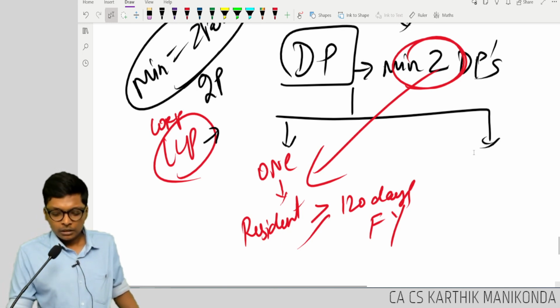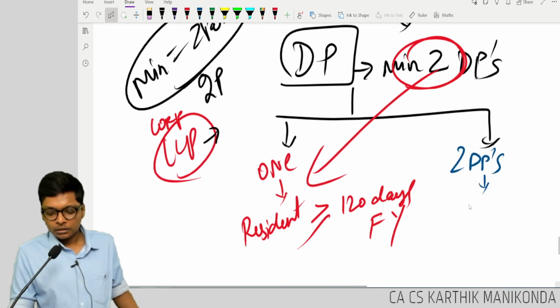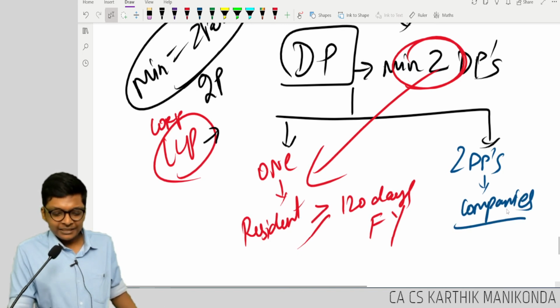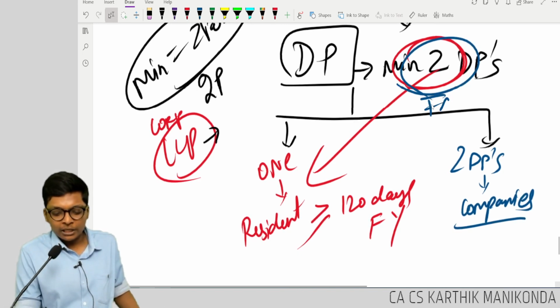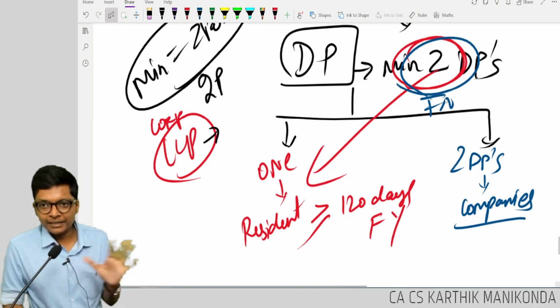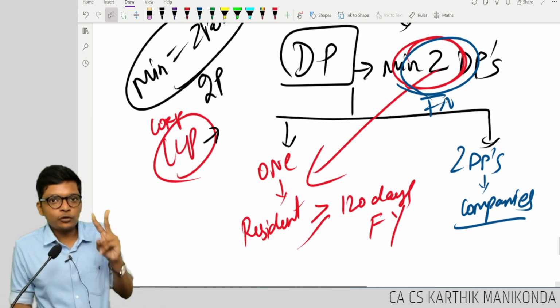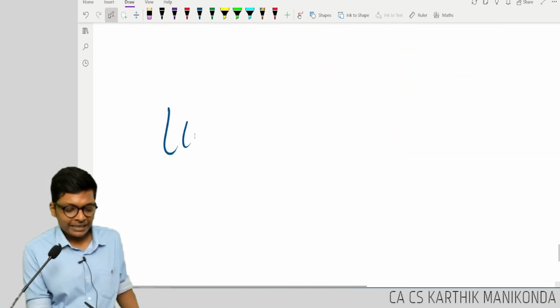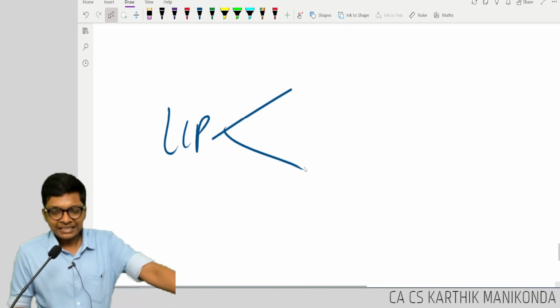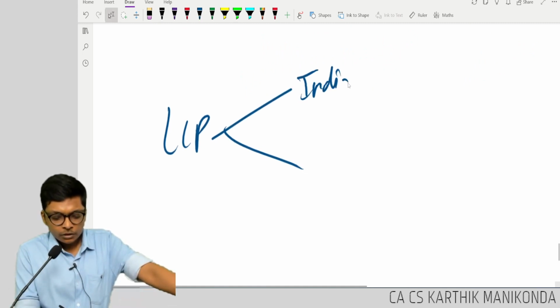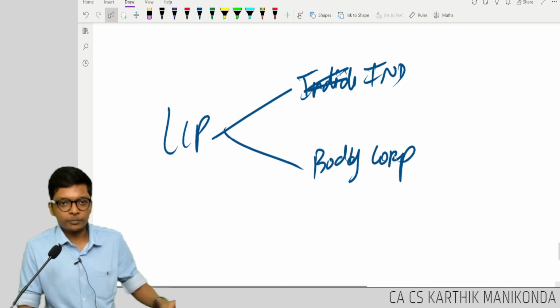Next, what if both the 2 DPs are companies? Is it mandatory that a DP should be an individual? No. Not mandatory, guys. I should have 2 DPs. We know that LLP's partners can be individuals or body corporate.